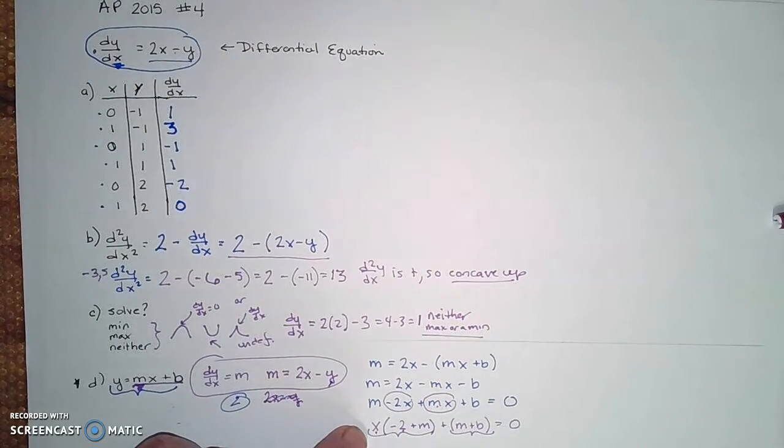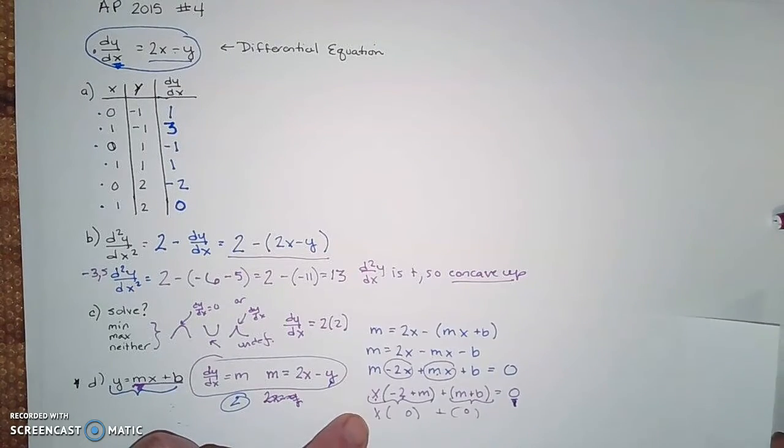It could be positive, negative, whatever. The only way for this thing to be 0 is for these two pieces to balance each other out, and the only way that's going to happen is if both of them are 0, because x could be any number. Any number times 0 plus 0 is going to be 0.